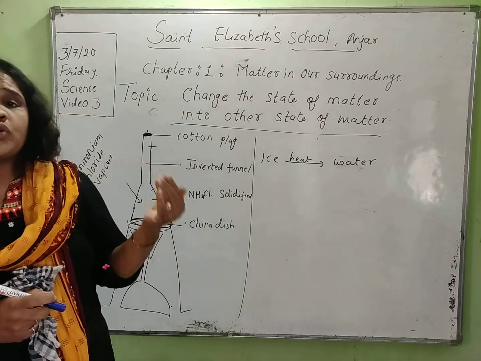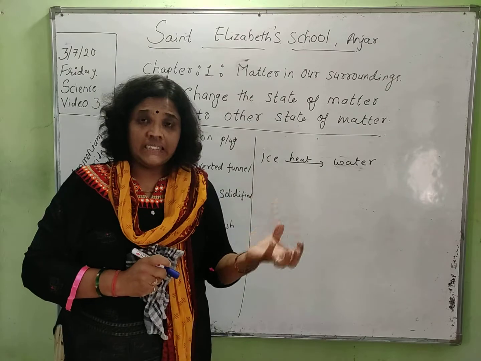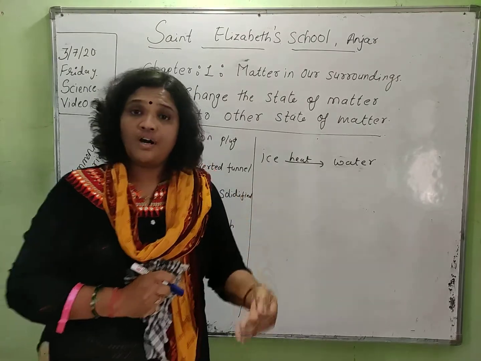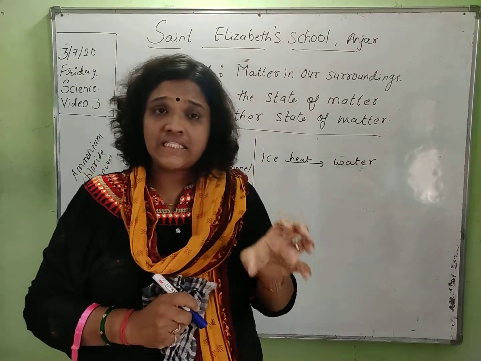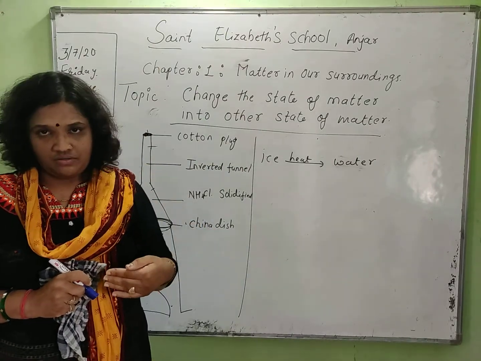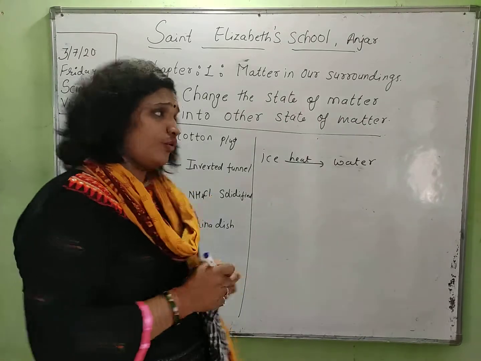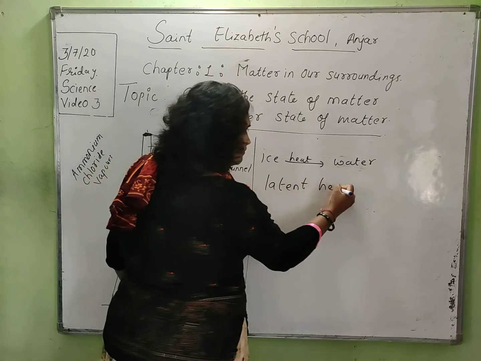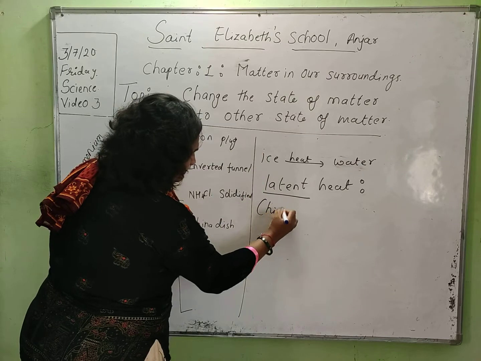Why doesn't it show any deflection? The reason is that whatever heat is given to the ice is used to convert the particles into the liquid state. That heat is absorbed by the particles of ice and is not noticed by the thermometer, and therefore it is known as latent heat. What is latent? The meaning of latent is hidden.